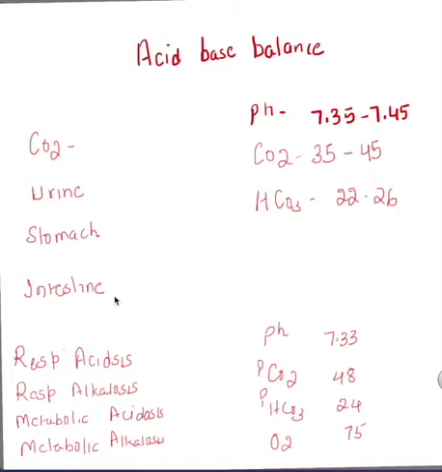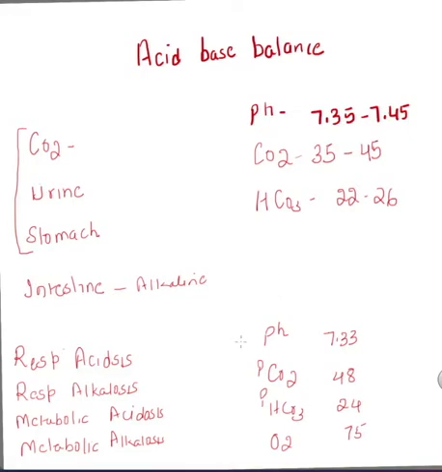The intestine is basically alkaline. So there are three acids produced in our body, and those acids may cause acidosis if we do not get rid of them.